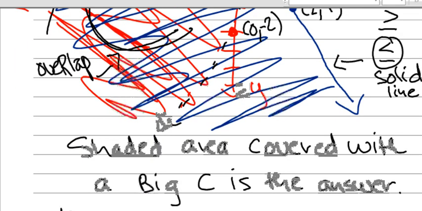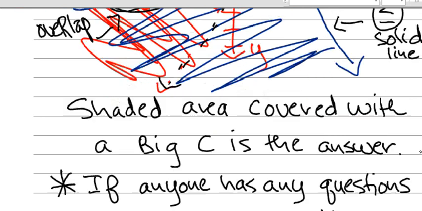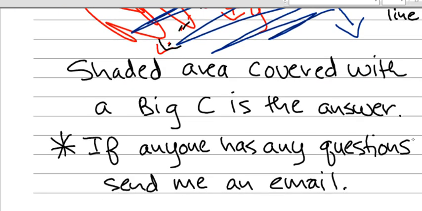So just to repeat, the shaded area is covered with a big C. That is your answer, where the red and the blue overlap. So it's more a picture. The answer is a picture of some shading. And like I said in Hawks, they will put letters over different shaded regions, and you pick the correct letter that represents the solution.